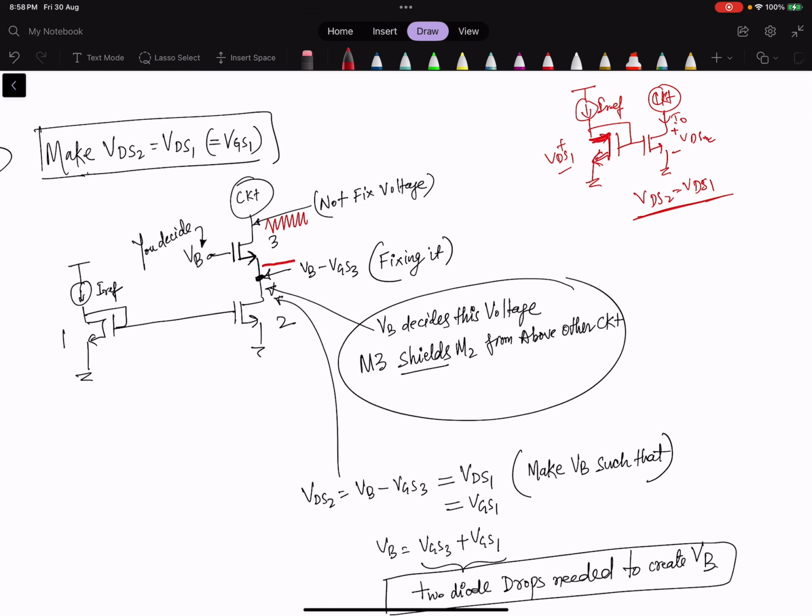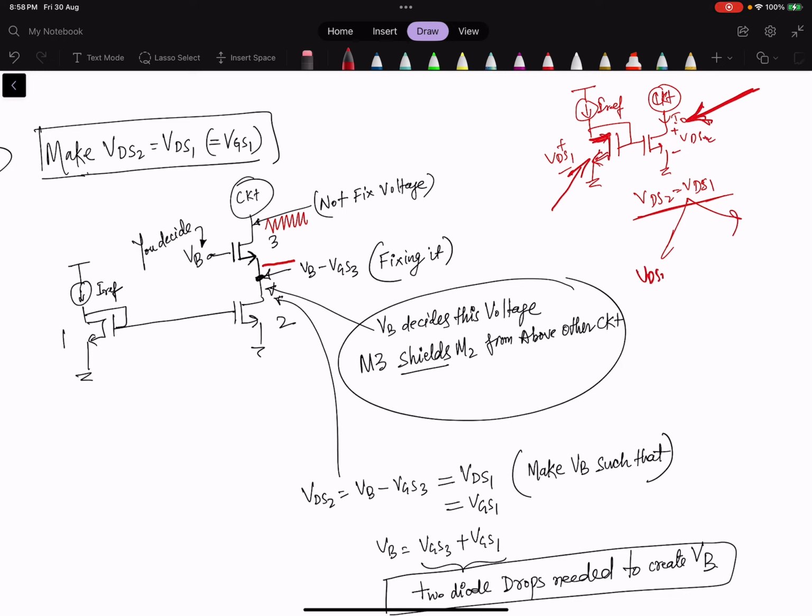So there are two ways. One is we have VDS1, and we will make VDS2 equal to VDS1.